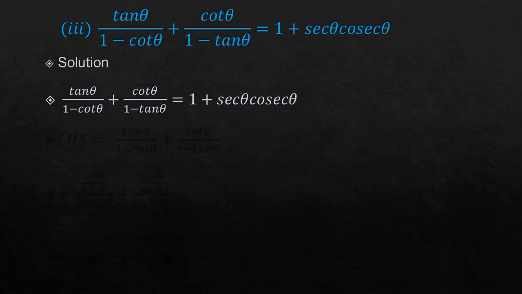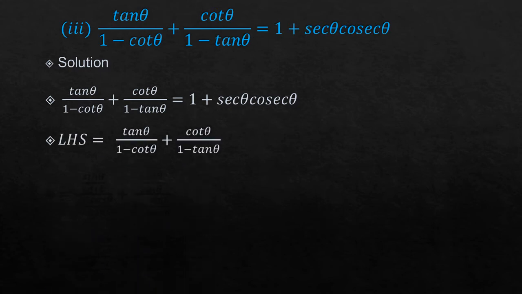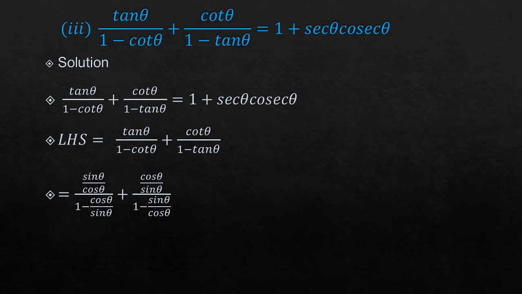That is tan theta upon 1 minus cot theta plus cot theta upon 1 minus tan theta is equal to 1 plus secant theta cosecant theta. So students, left hand side is tan theta upon 1 minus cot theta plus cot theta upon 1 minus tan theta. Okay, now change them. In the numerator, in place of tan theta, you will write sin theta upon cos theta.